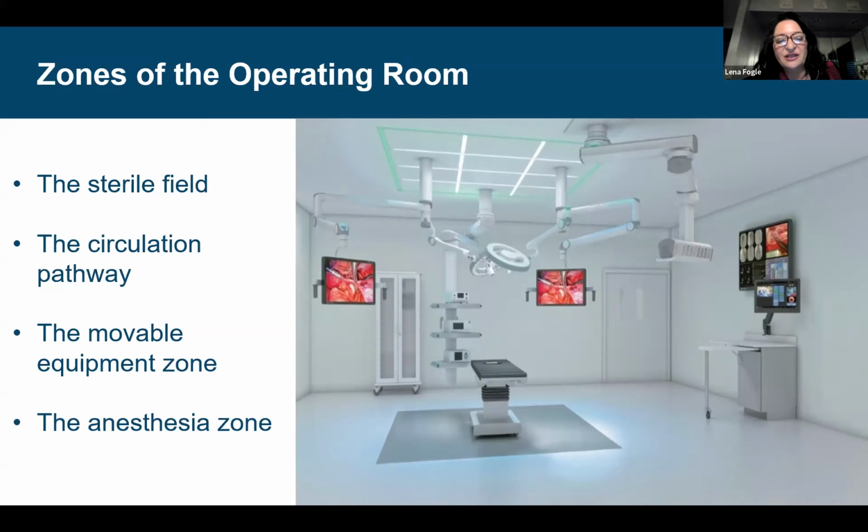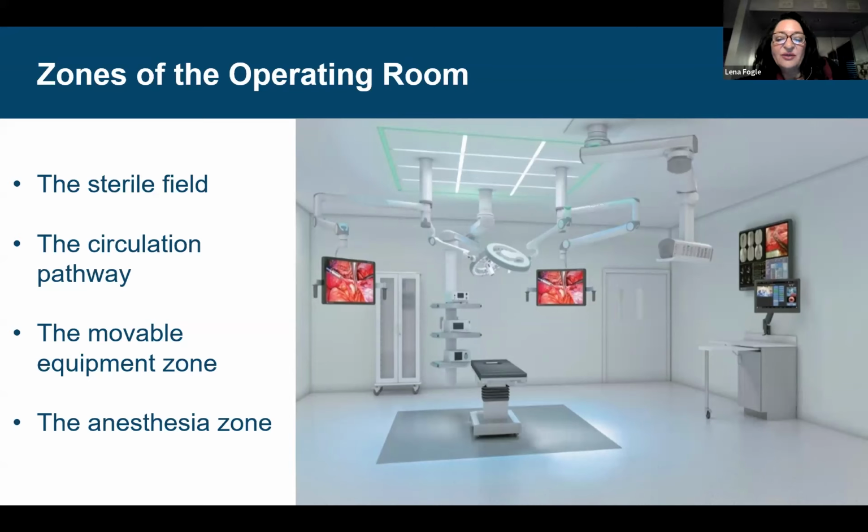We all know what the sterile field is. Expand that out and consider it a zone. In that zone, sterile people need to stay in and non-sterile people need to stay out. The anesthesia zone includes sufficient space for the anesthesia professional and all the equipment they need. The circulation pathway zone includes the back table and other sterile equipment and personnel in surgical attire.